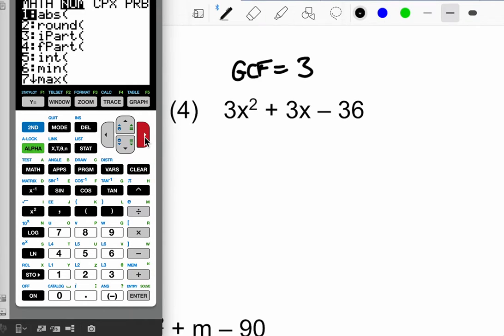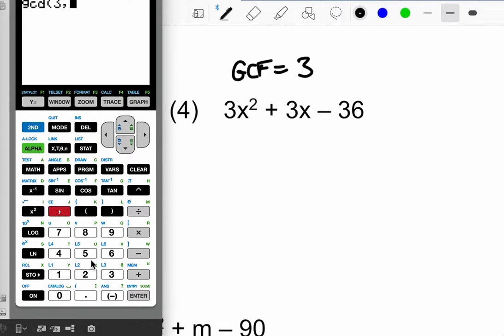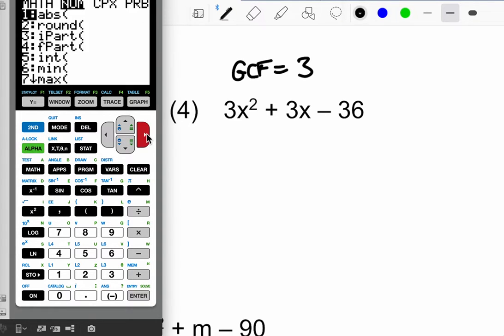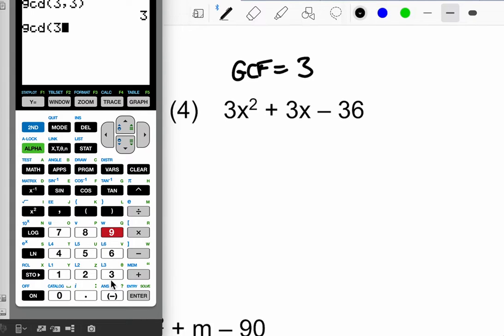So math, right arrow, go down to option 9, GCD, 3, 3, get that answer, do it again with the 36. And you see that the GCD is equal to 3. Again, you may not need to use the technology. If the numbers are simple enough, you shouldn't need to use it, but sometimes they're not simple enough. So we divide each of these terms by 3.